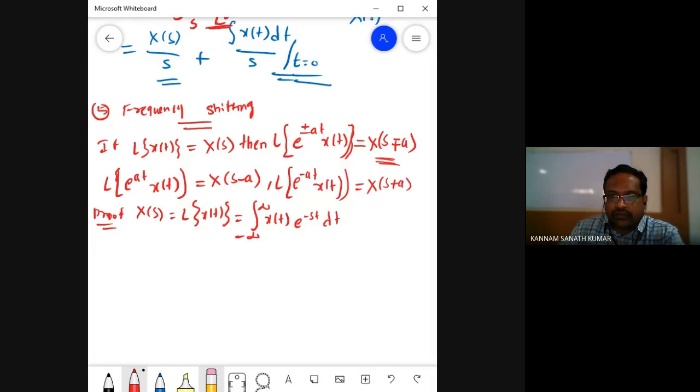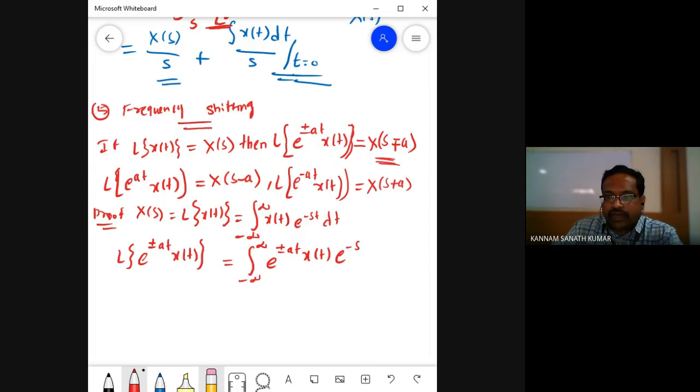Now you have to calculate the Laplace transform of e power plus or minus at into x of t, equal to integration minus infinity to infinity e power plus or minus at x of t into e power minus st dt.